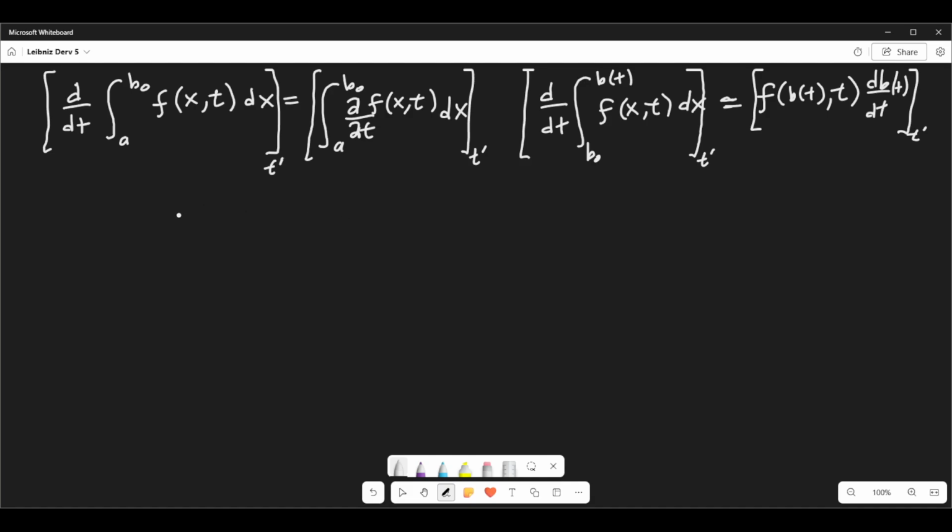So for the entire equation that's written out, just combining these boundaries, d by dt of the integral from a to b of t of f of x comma t dx is going to equal these two terms.